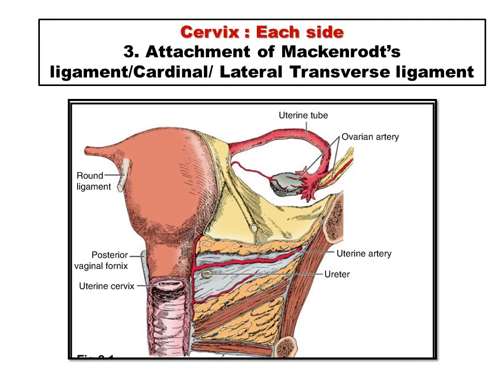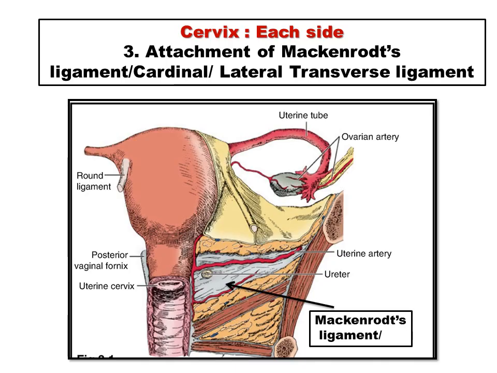The most important relation on the lateral side is the attachment of the Mackenrodt's ligament or the cardinal ligament, also known as the lateral transverse ligament of the cervix. Mackenrodt's ligament is closely related at its upper end with the uterine artery and the ureter.